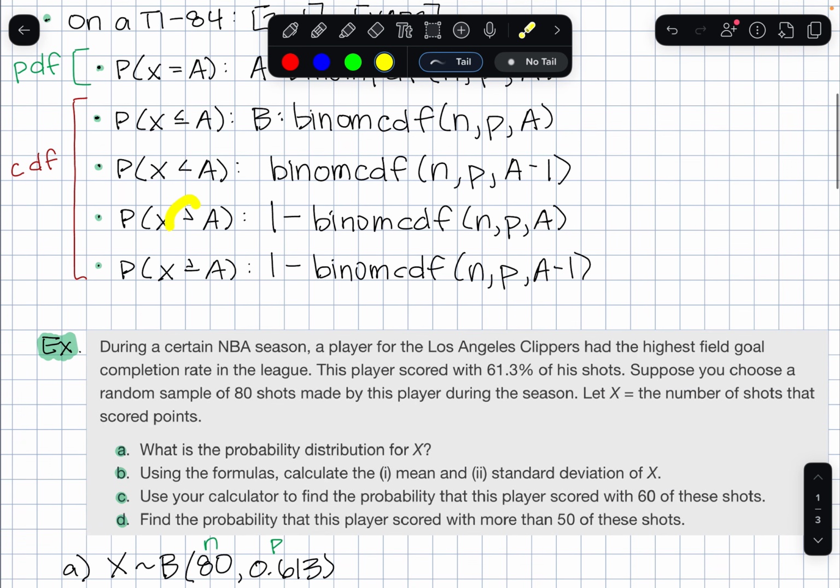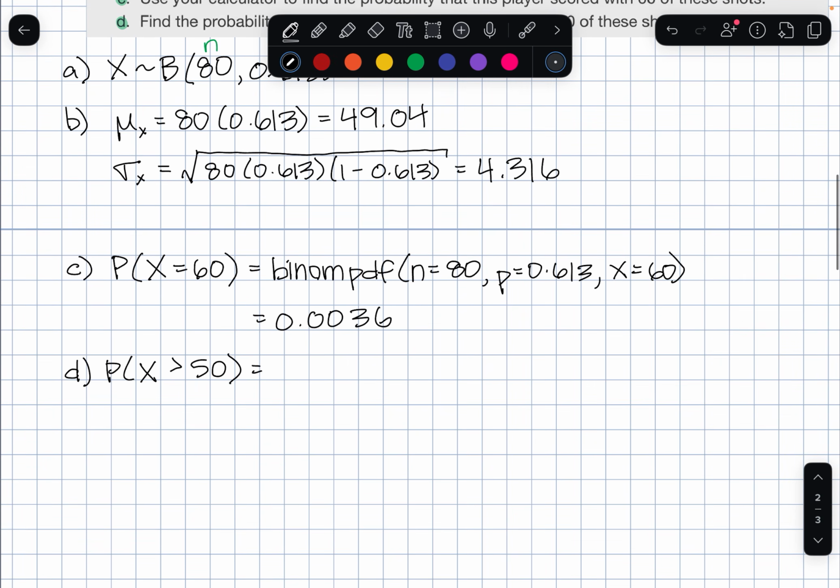And if I look, that's here. That's 1 minus binomial CDF. So on my calculator, I'm going to do 1 minus binomial CDF of N, P, and X.